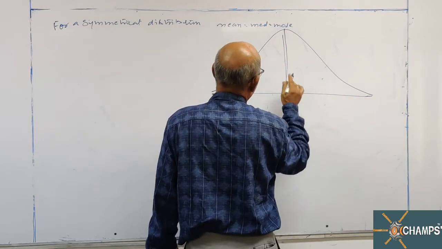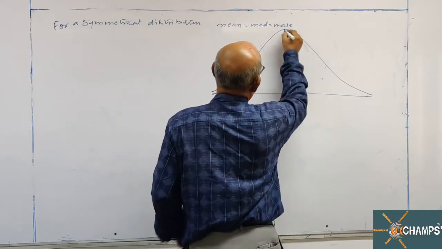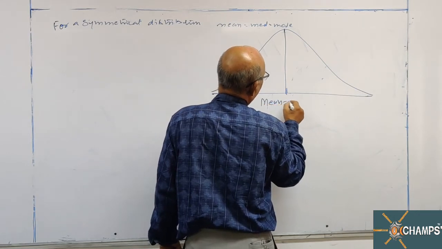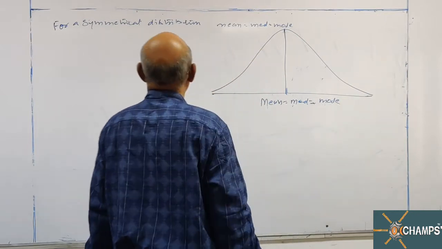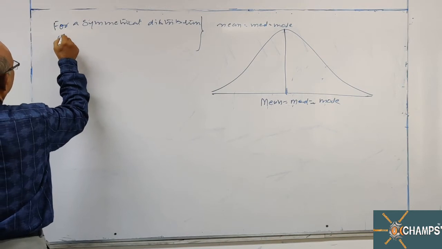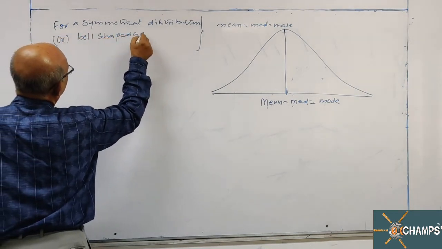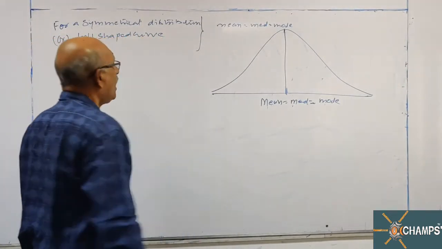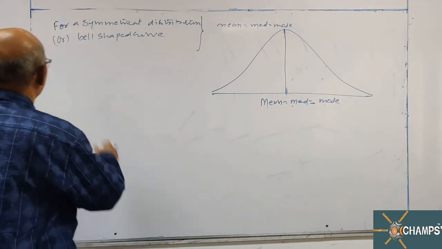This is a symmetrical distribution, or bell-shaped curve. Mean is equal to median is equal to mode.